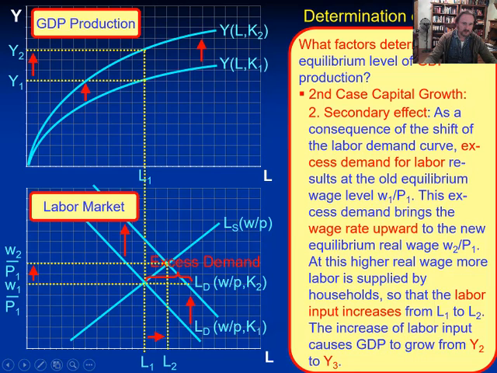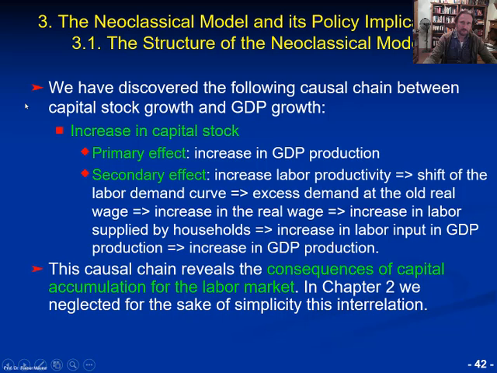This additional increase of labor input causes GDP to grow even a little bit further than given by the primary effect. Because we increase labor input from L1 to L2, we can now produce additionally a little bit more GDP. This is what we call the secondary effect.